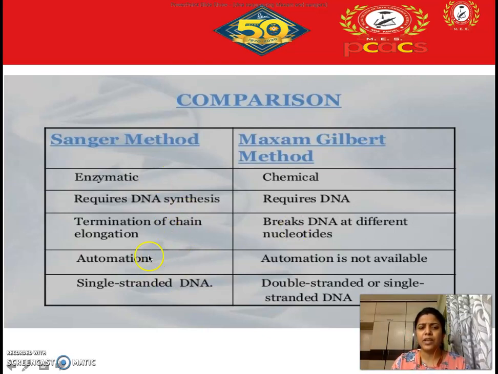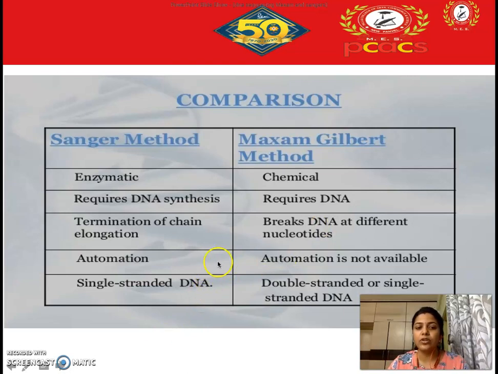Automation is available in the case of Sanger's method. Nowadays, the automated sequencing methods that you have are all based on Sanger's method. Whereas in the Maxam-Gilbert method, because the chemicals are very toxic, automation is not possible, or till now automation has not been achieved.